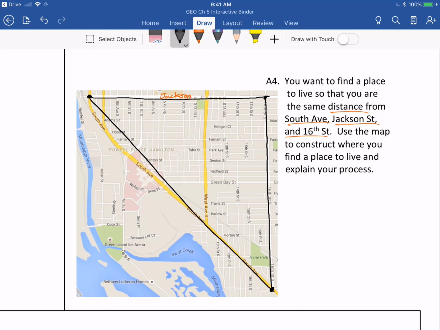You can use your protractor to bisect these angles. You can look back on page 28. It says how to bisect an angle, and you should have a little blue sheet in there. So bisecting is page 28 of your binder, and it's going to show you how to bisect these.